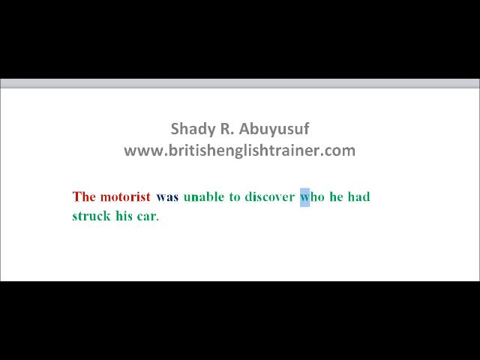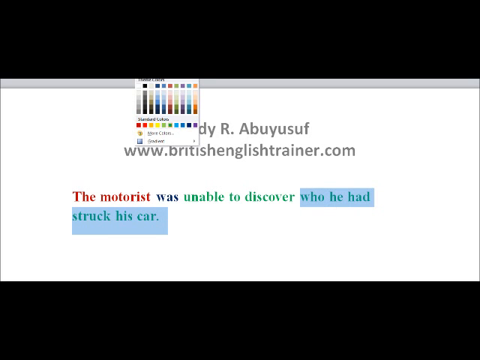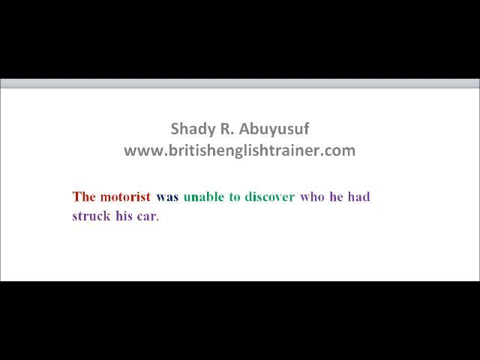Then we have who he had struck his car, which is an object. Let's give it a color, all of it here. Fantastic, purple. Now let's look carefully at the noun clause used as an object.